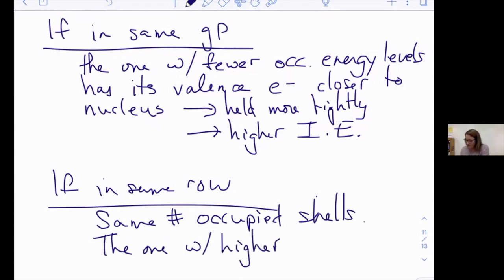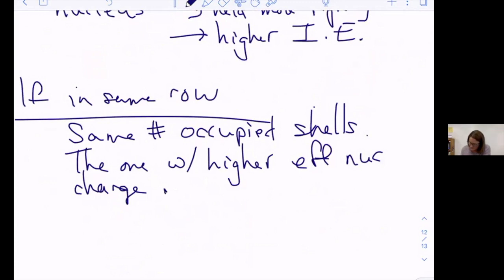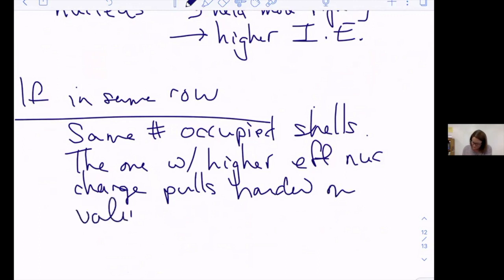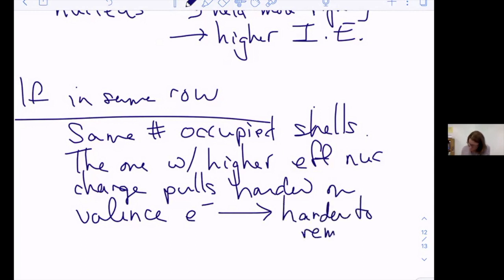The one with a higher effective nuclear charge pulls harder on the valence electrons and makes them harder to remove, giving it a higher ionization energy.